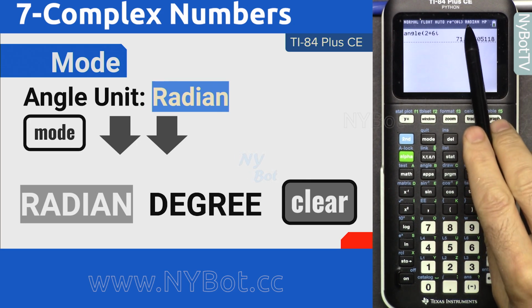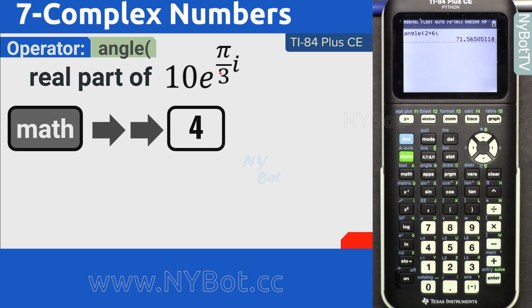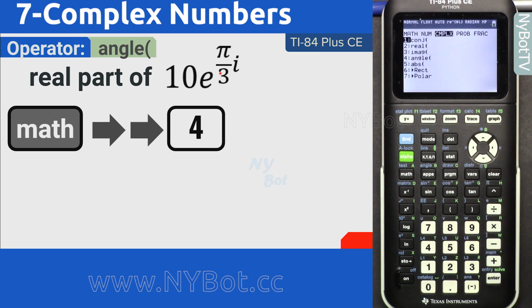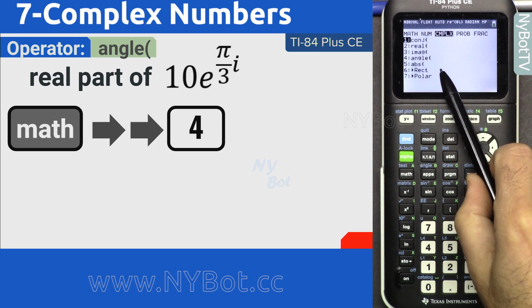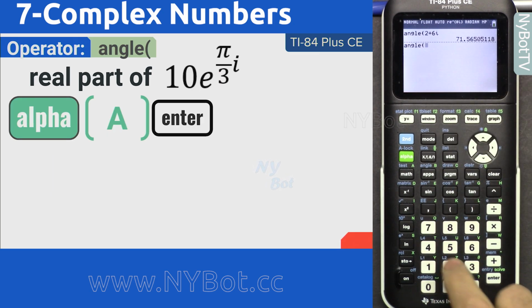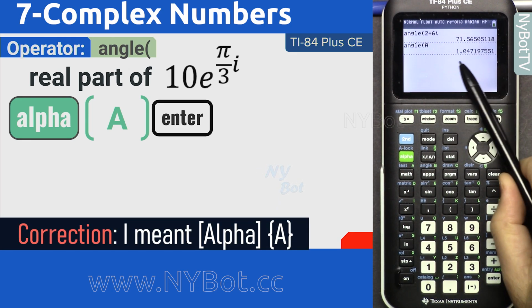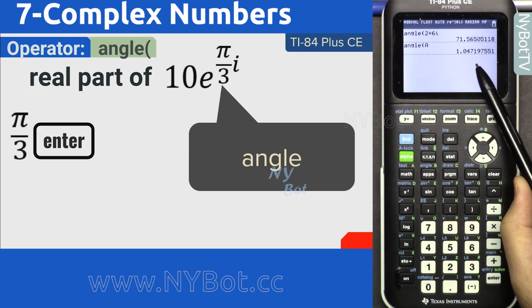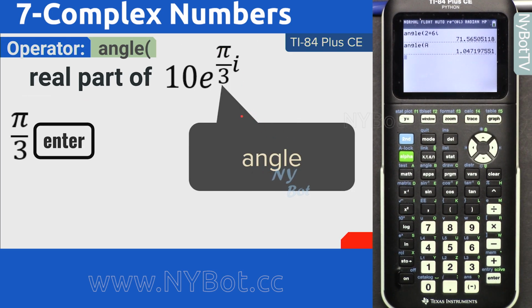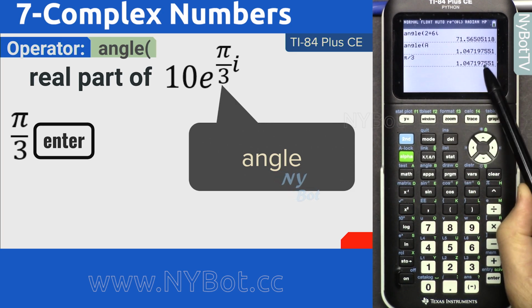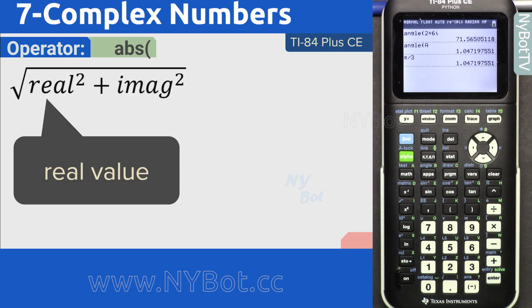Now it's in radian, and do the same thing, math, second function, go to angle, 4, and let's recall the memory, second function, A, and enter, and in radian that's 1.047, and remember this was the angle, pi divided by 3, so we got the angle of A extracted if you need it in your calculations.